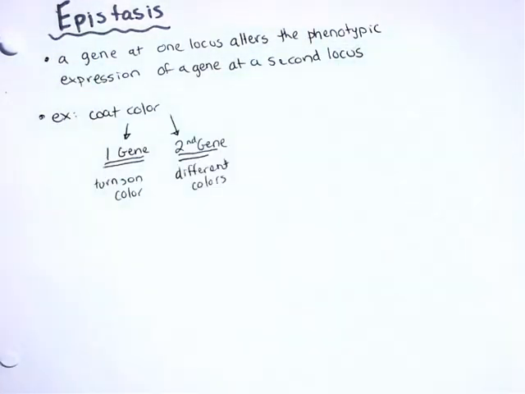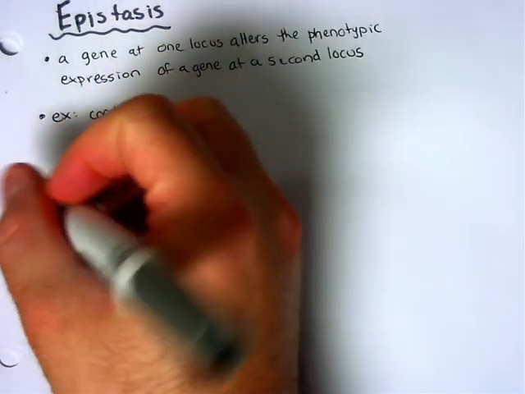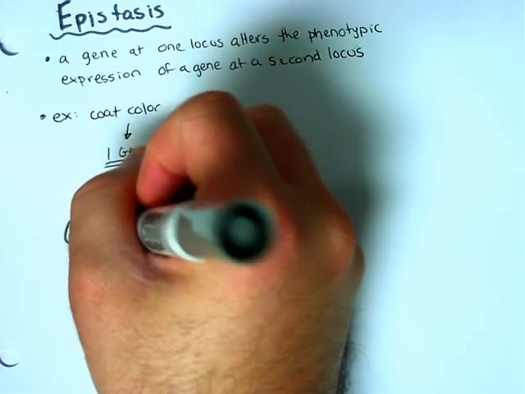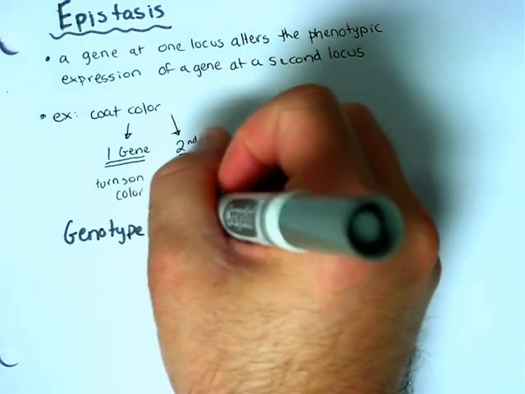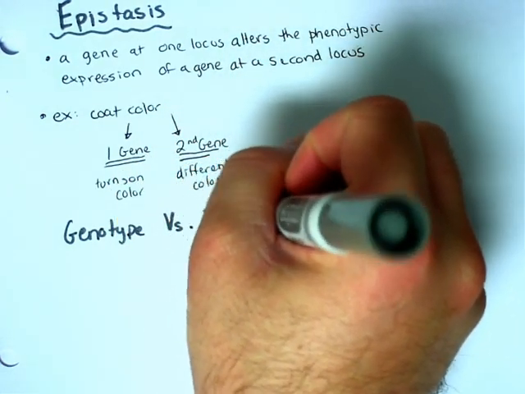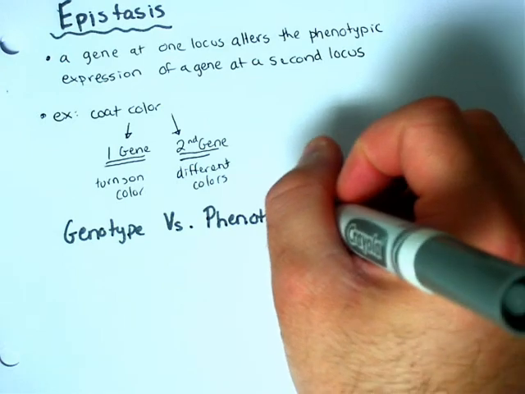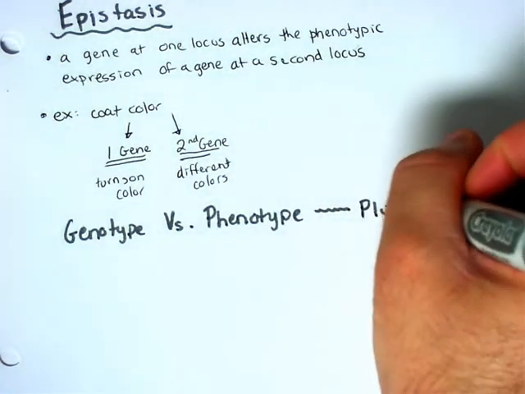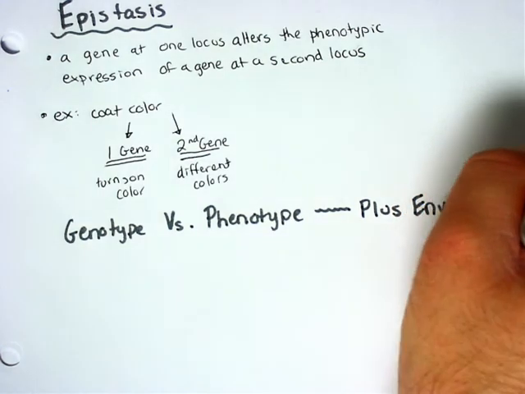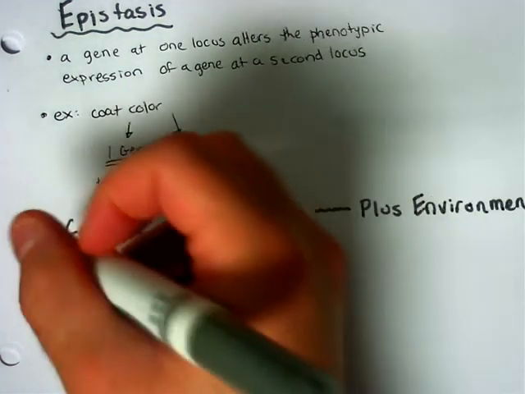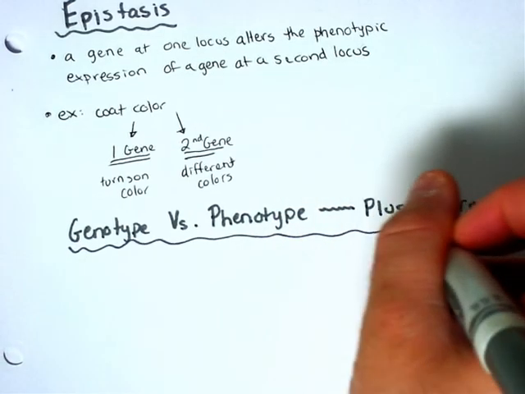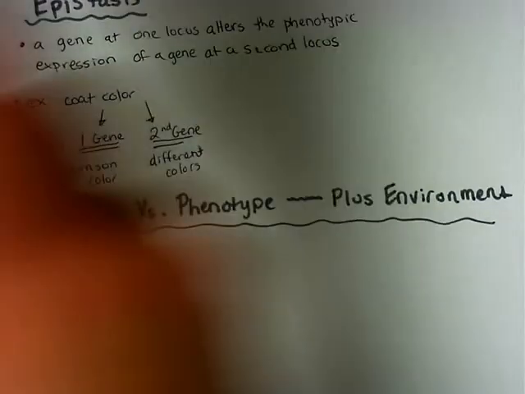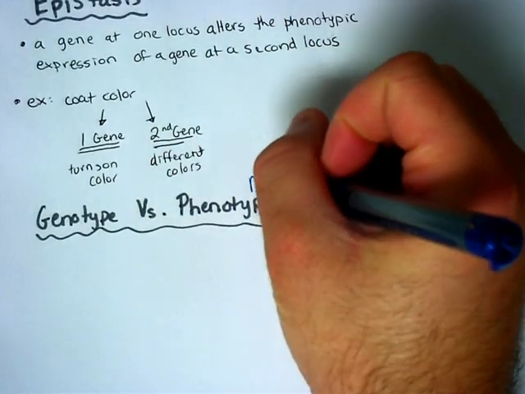So the other thing that Chapter 14 dives into is this concept of genotype versus phenotype, while throwing in the environment. In sociology, you probably have learned something called nature versus nurture.